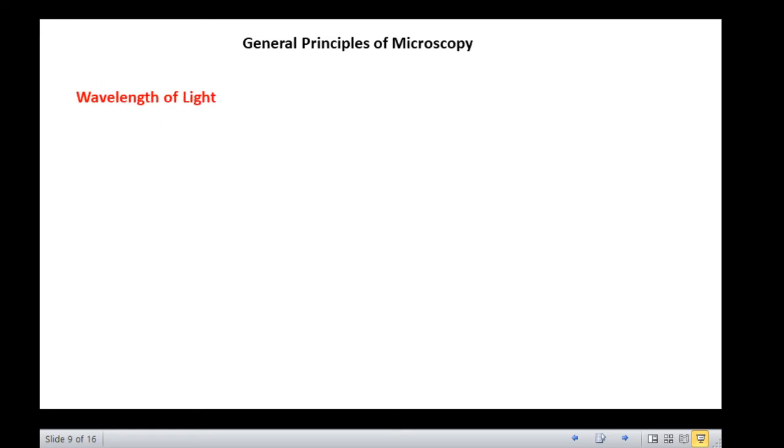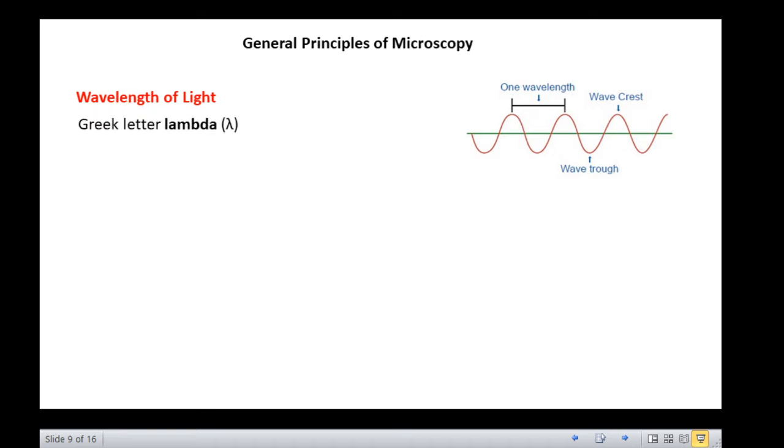Electromagnetic radiations include visible light, X-rays, microwaves, and radio waves. All these differ in their wavelength, that is, the length of the rays. Wavelength, represented by the Greek letter lambda, is equal to the distance between two adjacent crests or troughs of a wave, as you can see in the figure.